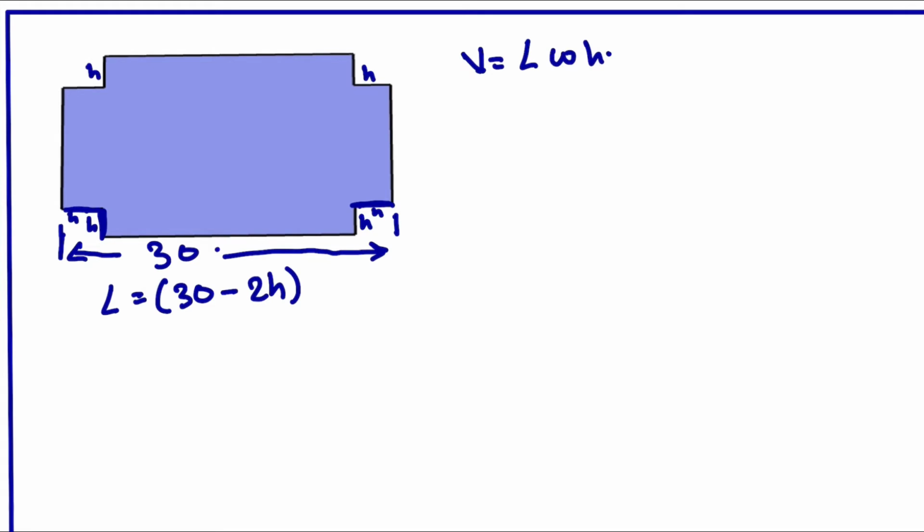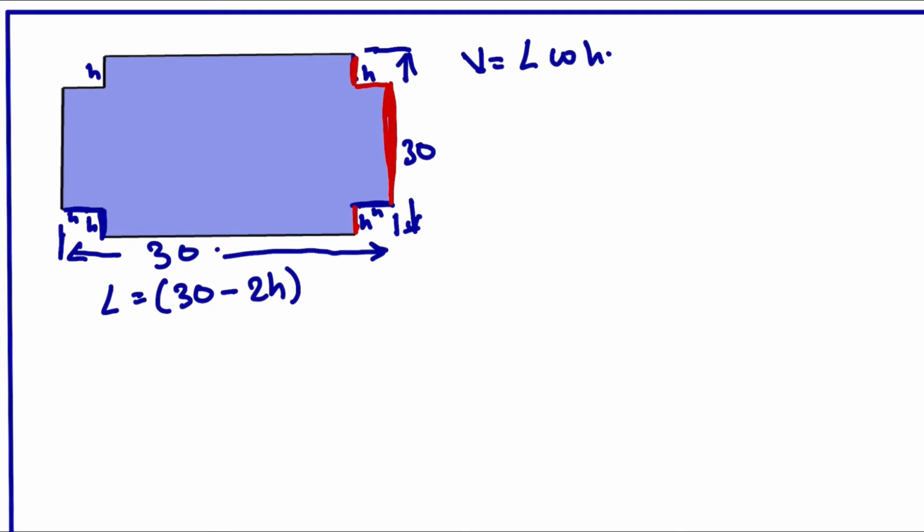And for the width, the same. We have 30, and we need to subtract h because this will be cut, minus h. So this will be cut and we will be left with only this. So 30 minus h minus h.